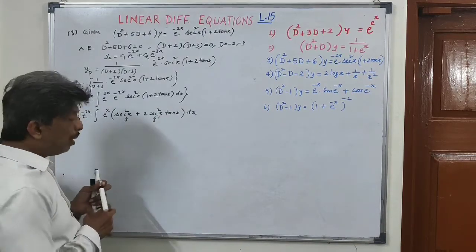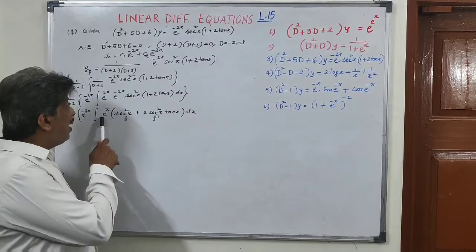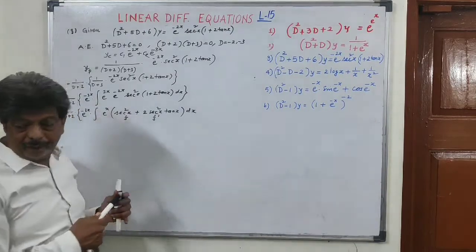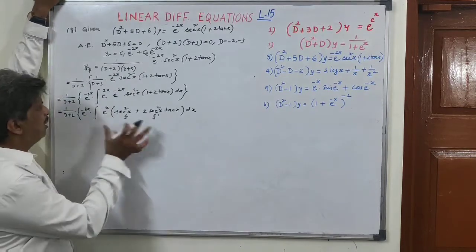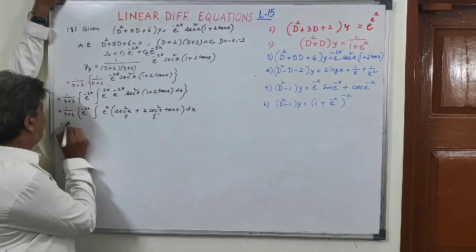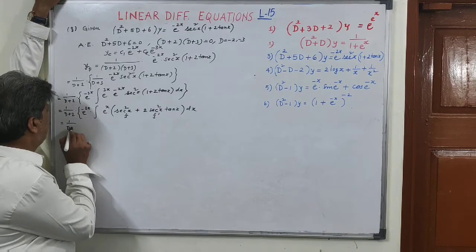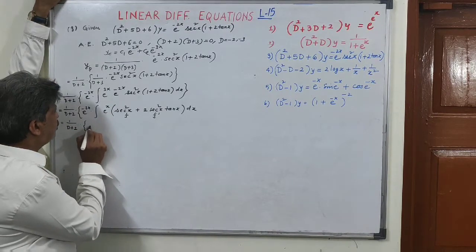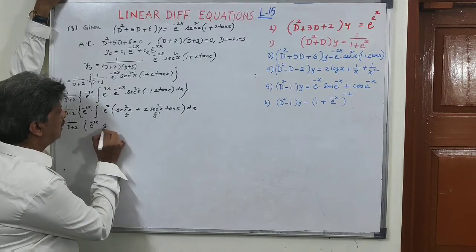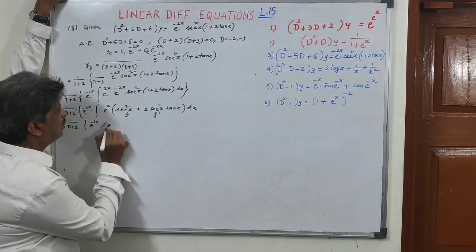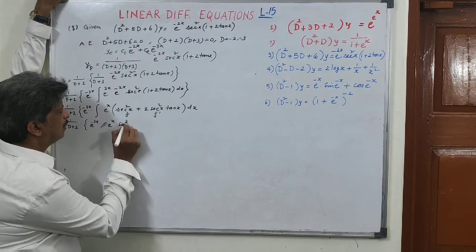So the integral e raised to power x into f of x plus f prime of x is equal to e raised to power x into f of x. So this integral is, so 1 upon d plus 2 times e raised to power minus 3x, and integral of this is e raised to power x into sec square x.